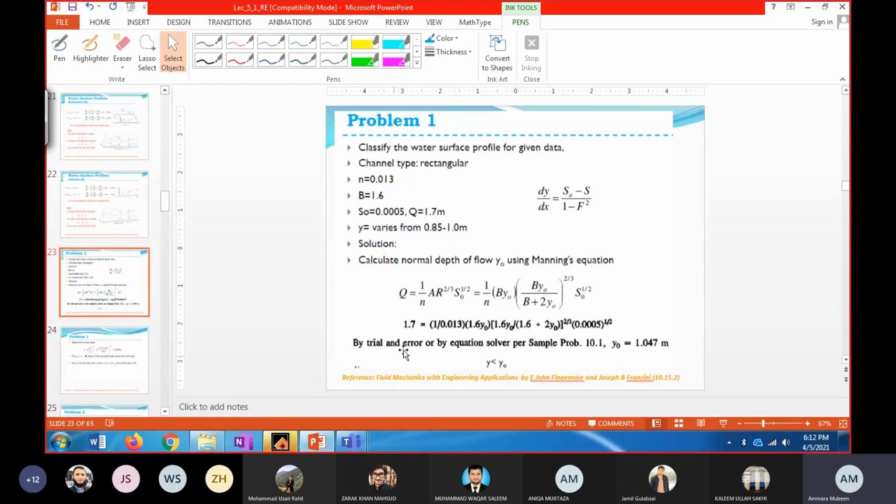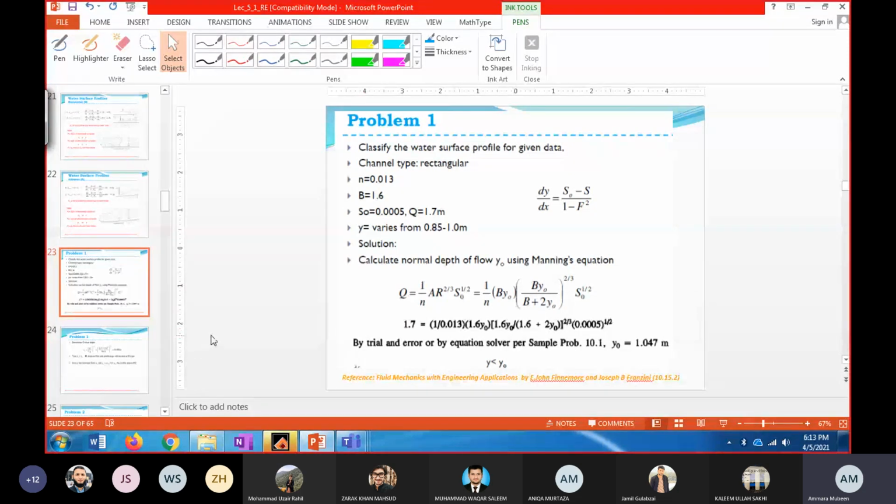So let me know about the classification. M2? M2. How can you say that when you didn't calculate the YC value? For now, just a guess that it is below the NDL line, so that's why.